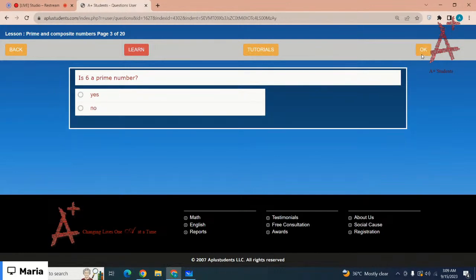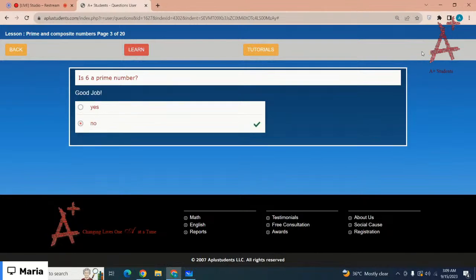Okay, is 6 a prime number? Yes or no? 6 is not a prime number, right? Because other than 1 and 6, 2 times 3 is 6. So 6 has more than two factors, so 6 is not a prime number.